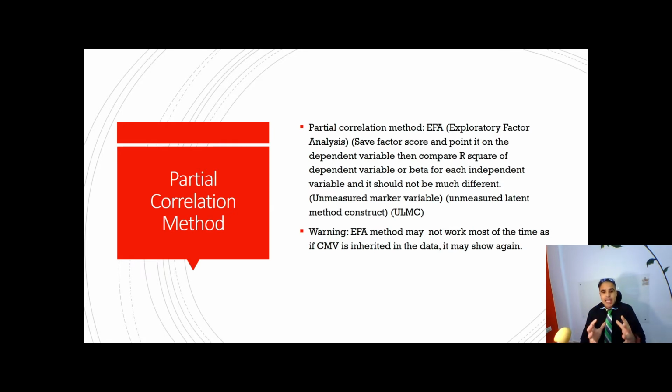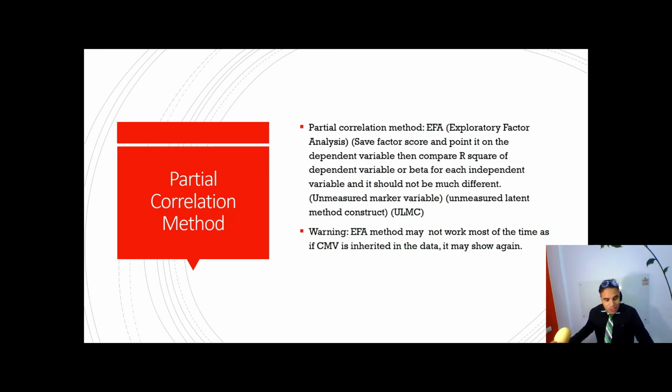This same method is also called the unmeasured latent method construct, ULMC. I have to warn you as well, the EFA method may not work most of the time, as if a CMV is inherent, it may show again in the data.